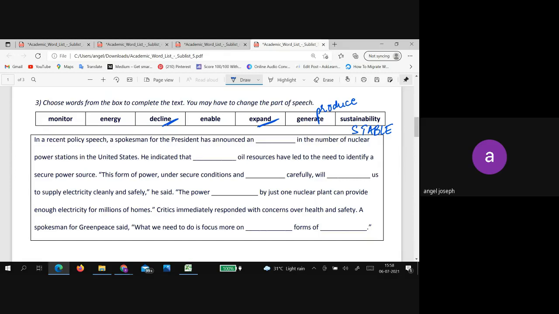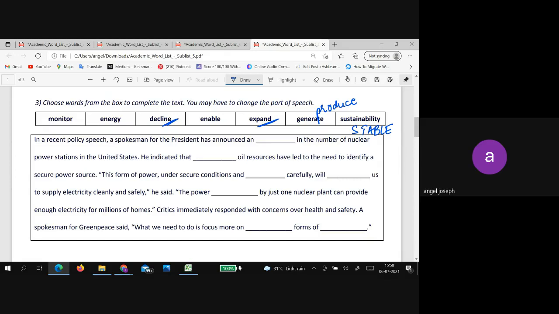So please remember, sustainability is something that is required, or just like one of you said, stable, something that has to be maintained at a certain level. You can't increase it or decrease it; it has to be carried on the same way.